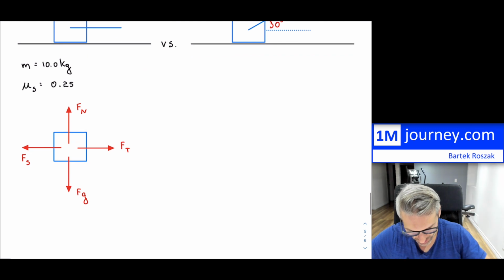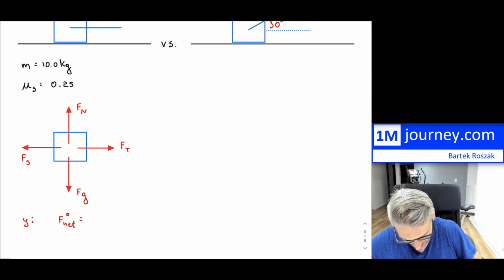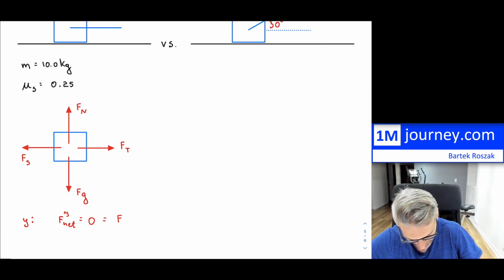So if you consider this and the box isn't moving, let's say in the y direction, well, if there is no movement, then I know that in the y direction, my F net is equal to 0. So if I'm assuming that up is positive, Fn minus Fg is going to be equal to 0, or simply that my normal force is equal to my force of gravity.